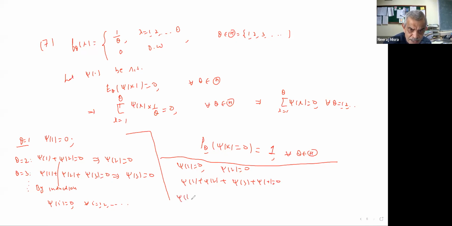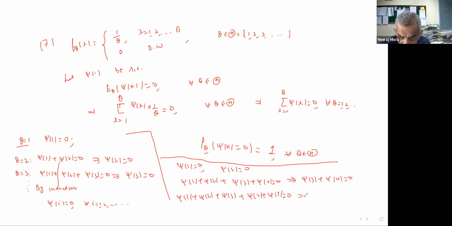And then psi 1 plus psi 2 plus psi 3 plus psi 4 plus psi 5 is 0. Now, because psi 1 and psi 2 I have already proved to be 0, this only implies that psi 3 plus psi 4 is 0, and psi 3 plus psi 4 is anyway 0 by the previous equation.